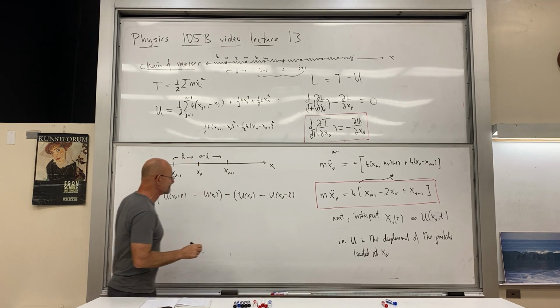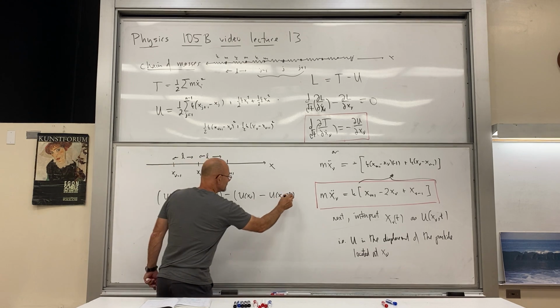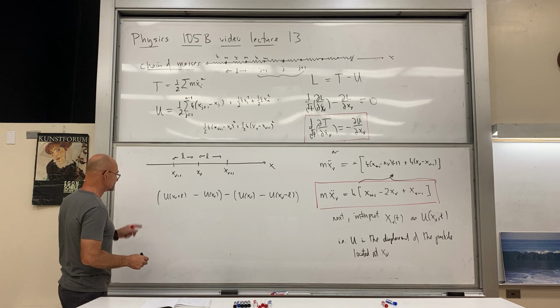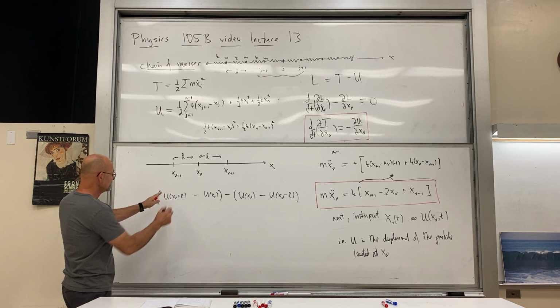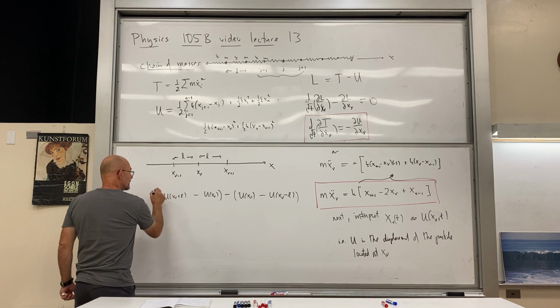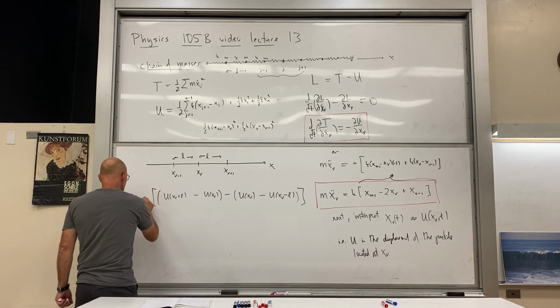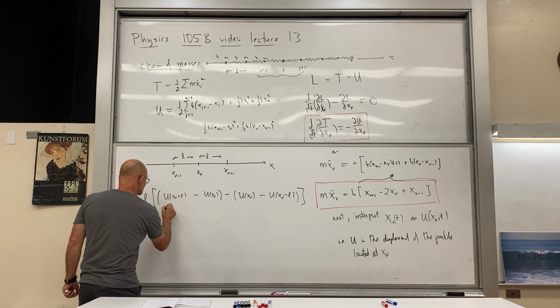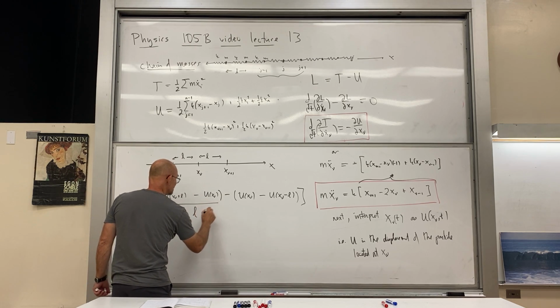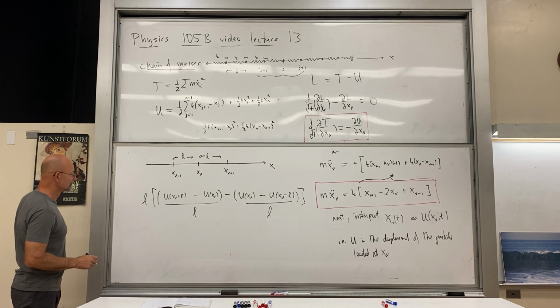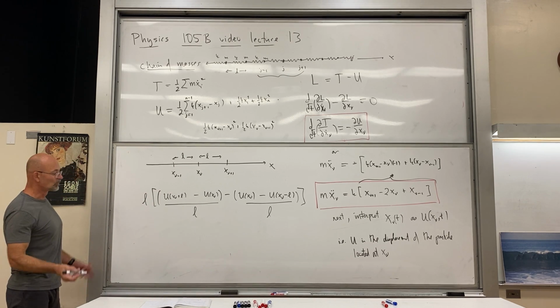Okay. So you can see we still have that expression there. This is a difference, so what we're going to do is square bracket the whole thing, multiply by L, and divide by L. What could go wrong?